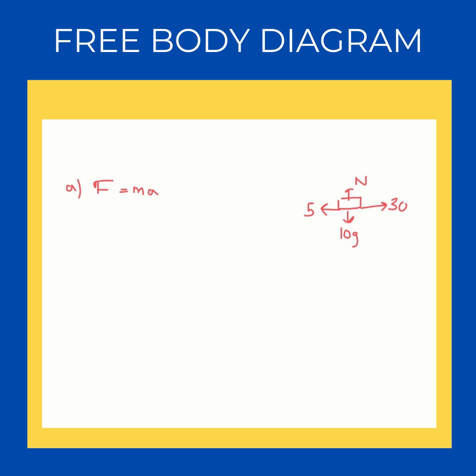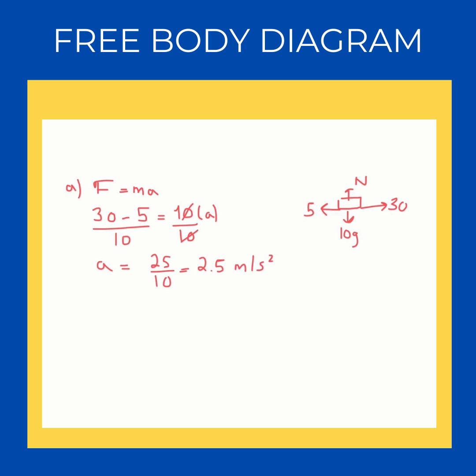So the resultant force is 30 minus the frictional force, which is 5, and this is equal to the mass, which is 10, times a. So I will divide both sides by 10. So a, the acceleration, is 30 minus 5, which is 25, over 10, and the answer is 2.5 meters per second squared.